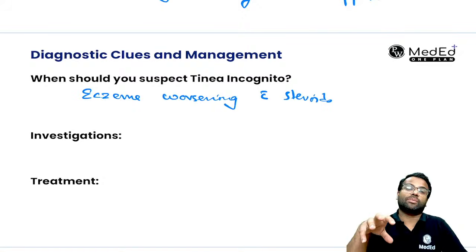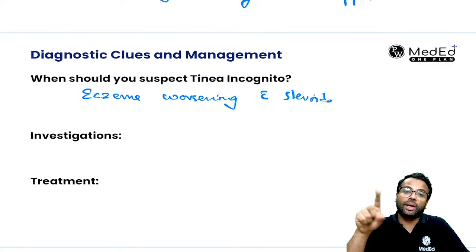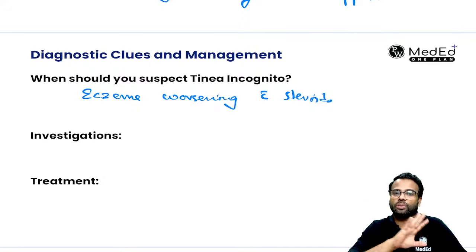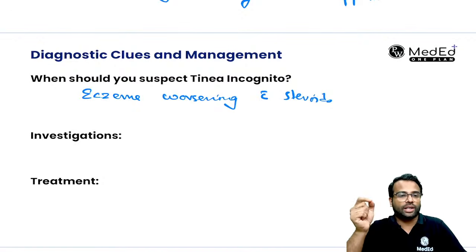If any eczema is worsening after applying steroids, that is a rare possibility. It never happens. You must have misdiagnosed, right? So this is not because of eczema. It should be because of a fungal infection. So we name this tinea incognito.